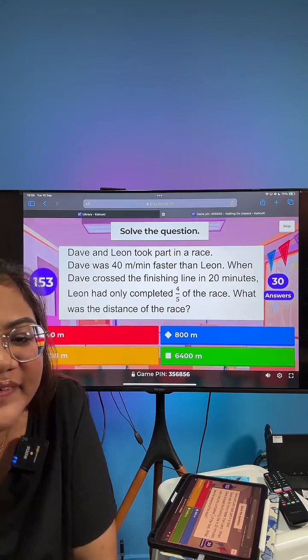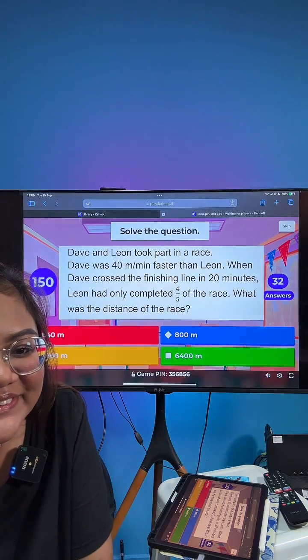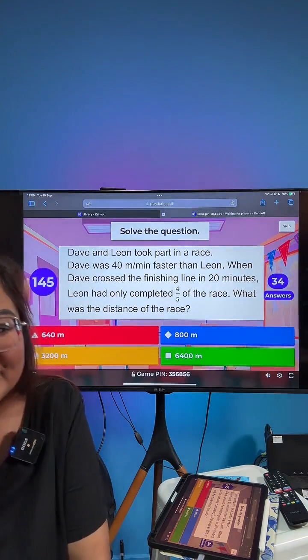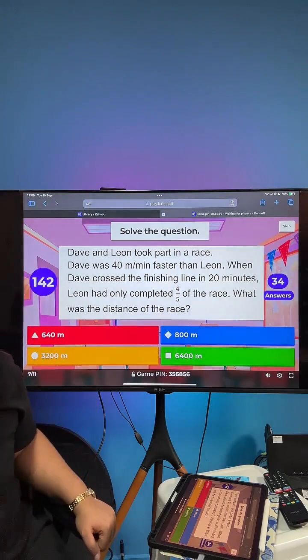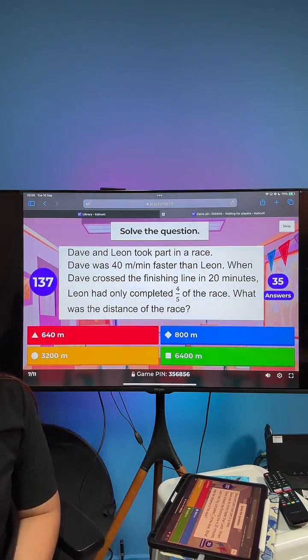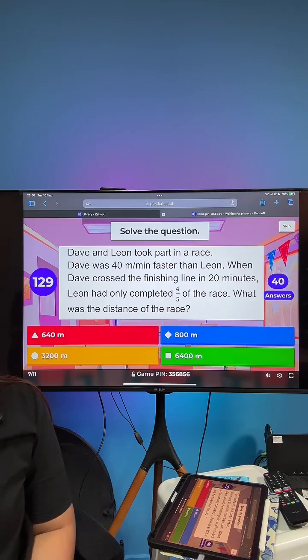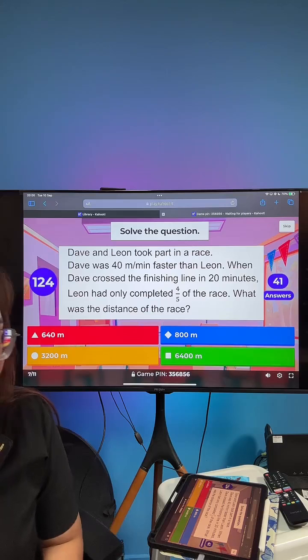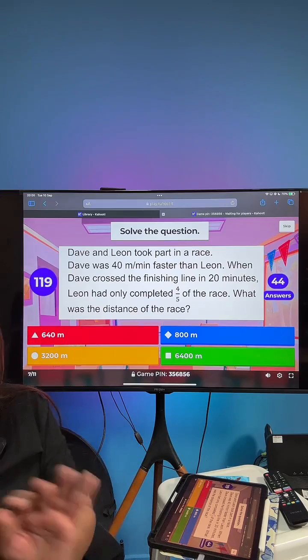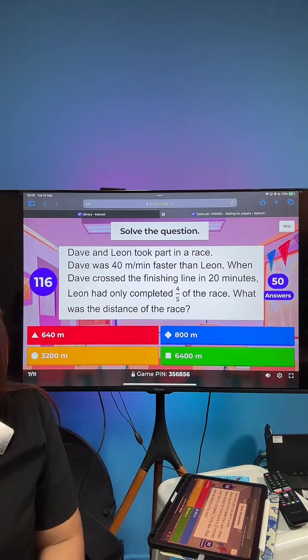This one is also pretty straightforward. Let's see, are we able to get it? This one is speed, learned in P6. If you're in P5 and you don't understand the speed question, it's perfectly okay. Don't worry.